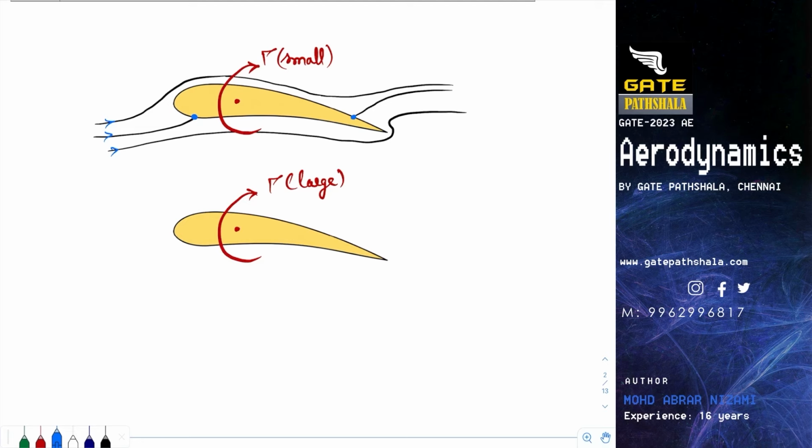If it is too large, the stagnation point will appear on the lower surface like this. In this case, again the flow would curl like this near the trailing edge and would leave in this manner.